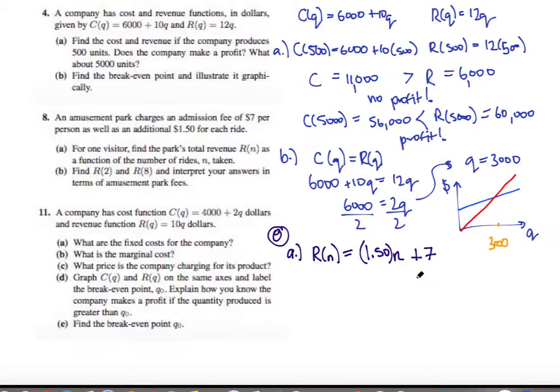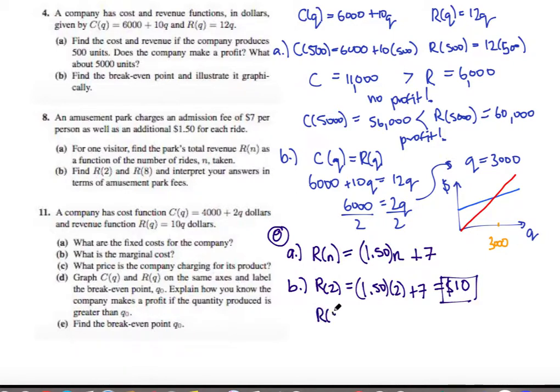So this is for one single visitor. Now, R of 2 is just going to be 150 times 2 plus 7. So this person rode 2 rides after buying entry to the park, and so they spent, their revenue for the park was $10 for this person.